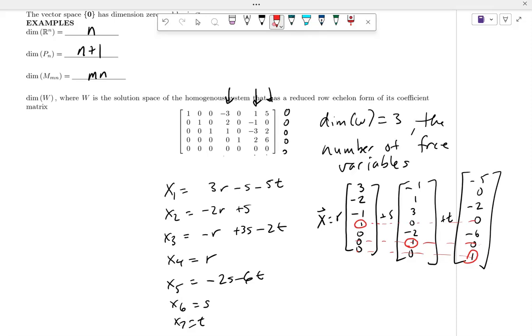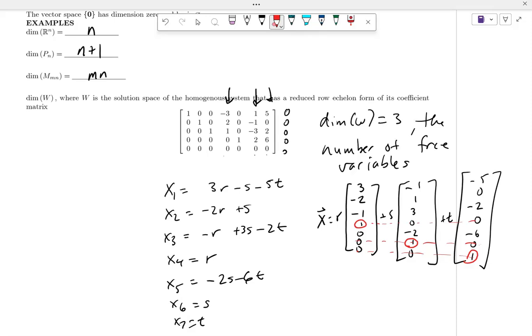Notice that this one here definitely gives me different information than those other two vectors, because this one can generate non-zero entries in the x4 spot. Can either of these generate non-zero entries in the x4 spot? No. This one gives me different information because I can get non-zero entries here in the x6 spot. Can I get non-zero entries in those spots?